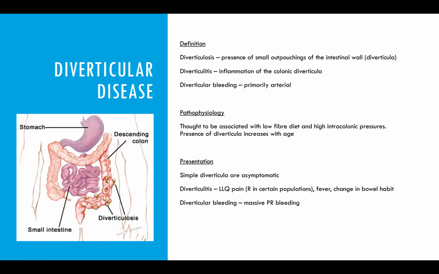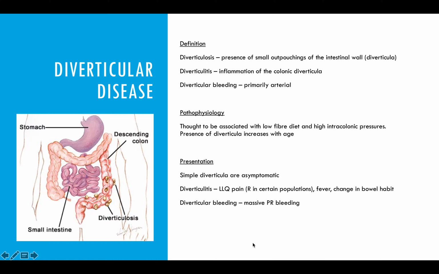They will generally present with really bright red blood, and often it stops on its own, but sometimes it doesn't. So someone with really significant PR bleeding, it may be from a diverticular bleed.